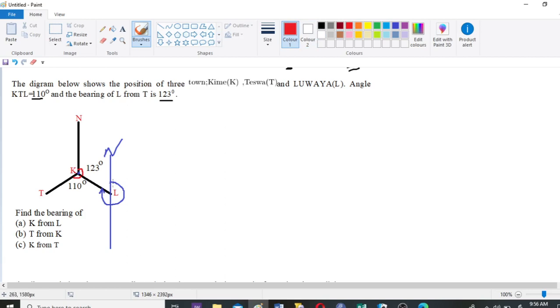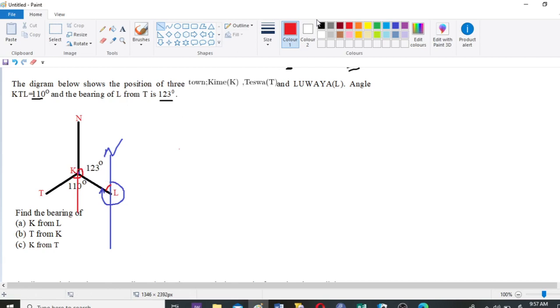Now to calculate this bearing, we need to find the size of this angle, the one I've indicated in red arc. Let's also extend this one so that you see clearly. We can extend that north line.